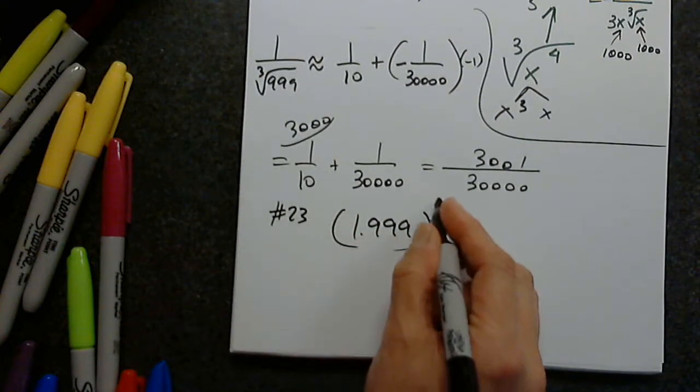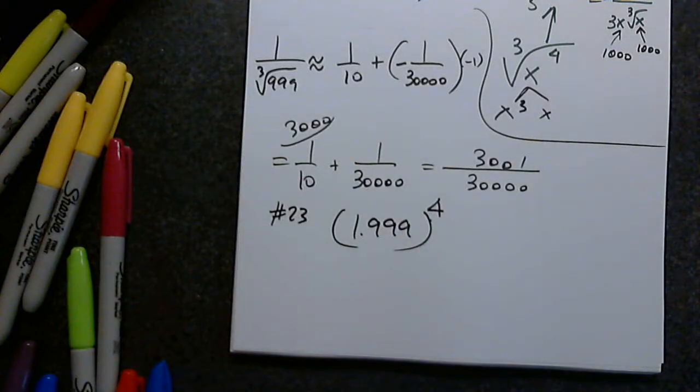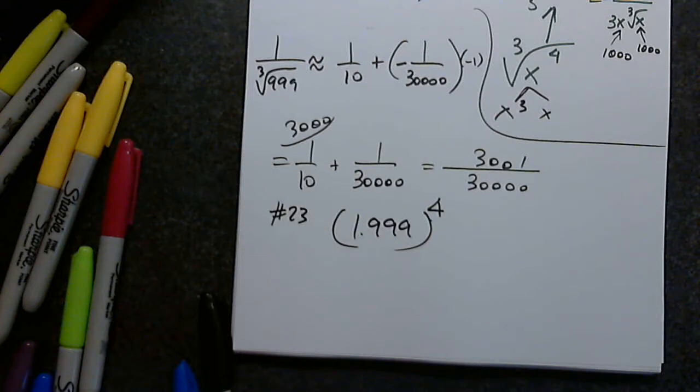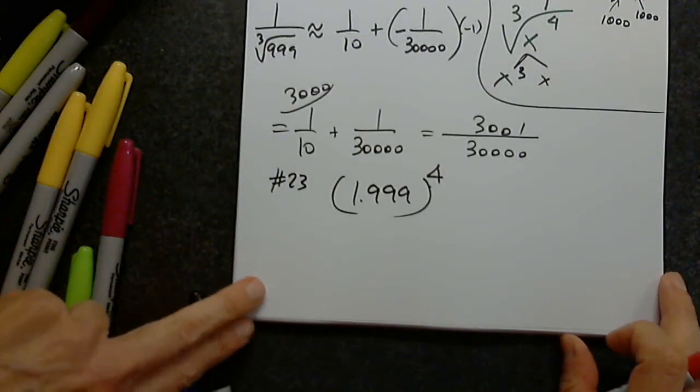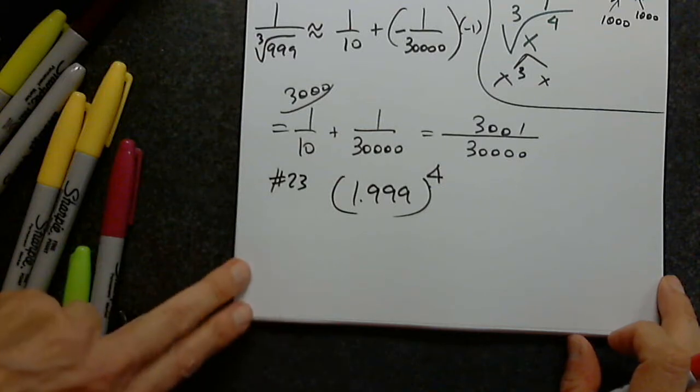1.999 to the 4th power. Here is the way I would recommend you memorize it. So here's how I remember this important relationship.